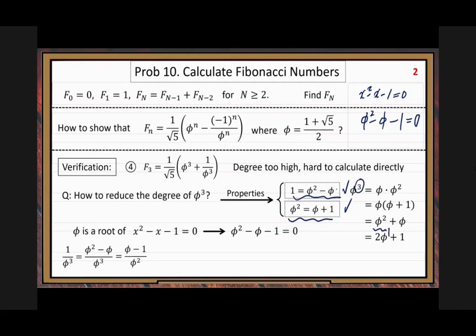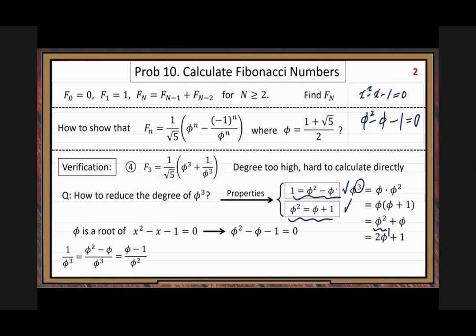After cancellation, we get phi minus 1 over phi squared. We like cancellation. We like more and more cancellation.